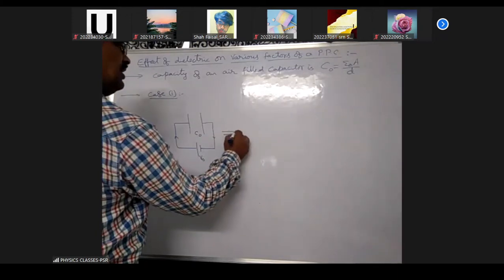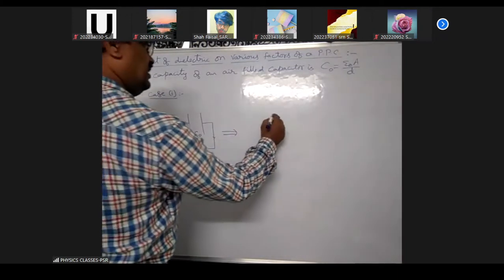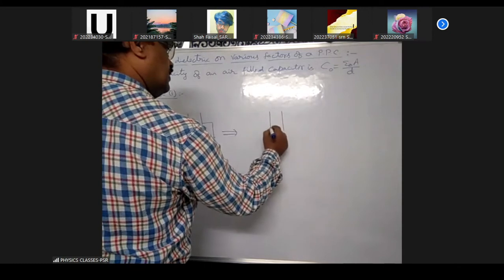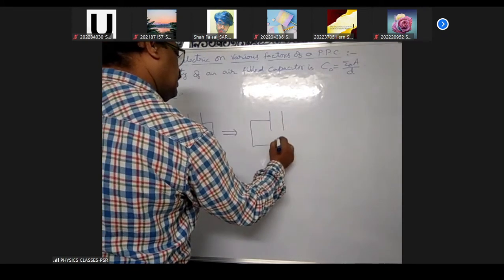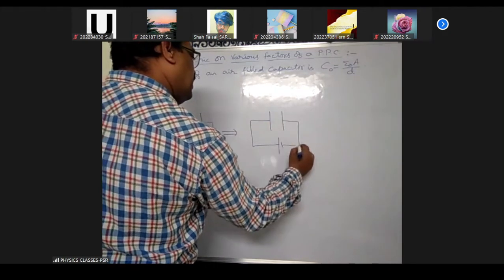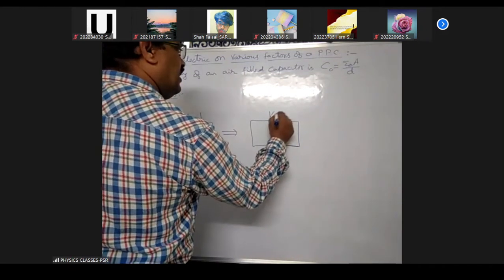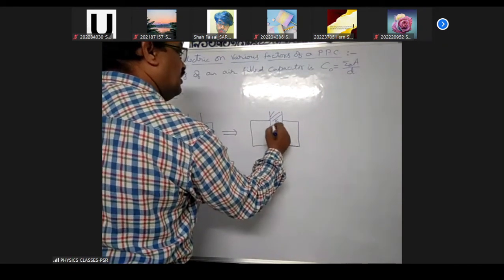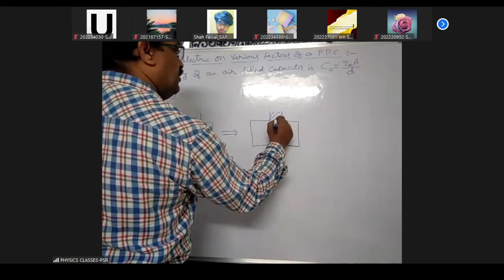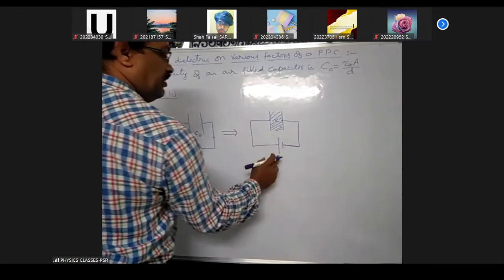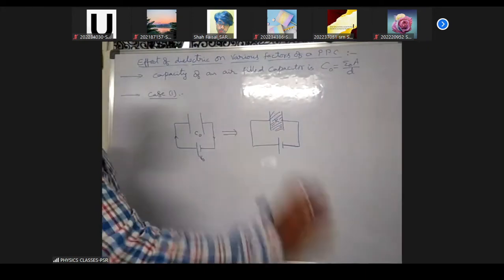Now, without disconnecting this battery, a dielectric of dielectric constant K is filled between the plates like this. Then what happens? That is important.